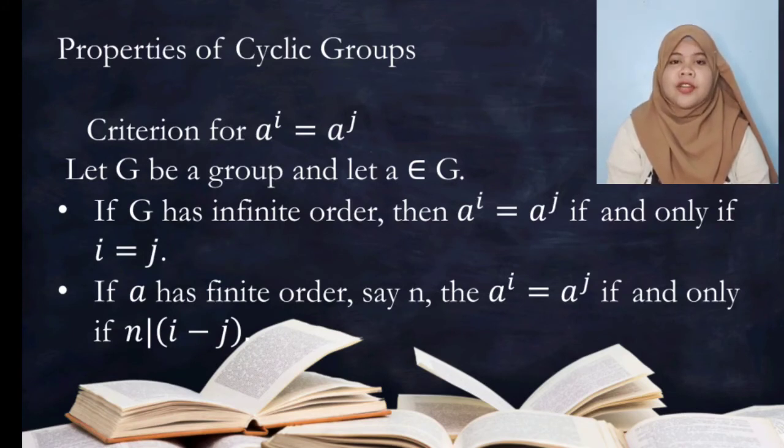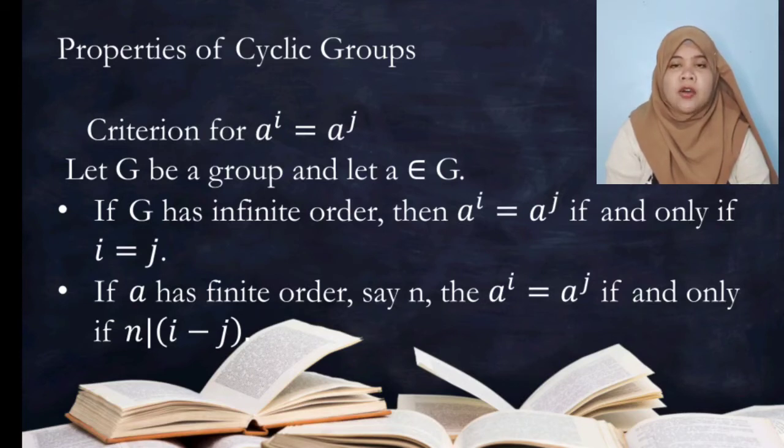So the criterion for a to the power of i equal to a to the power of j. Let G be a group and let a be an element of G. If a has infinite order, then a to the power of i is equal to a to the power of j if and only if i is equal to j.